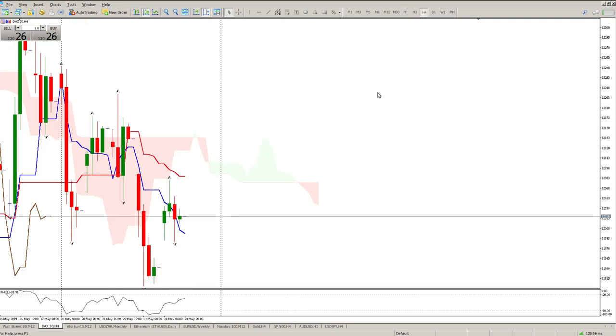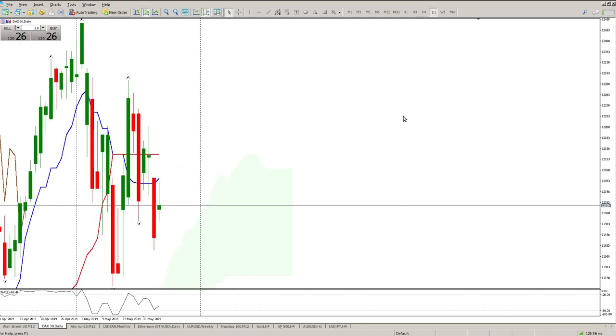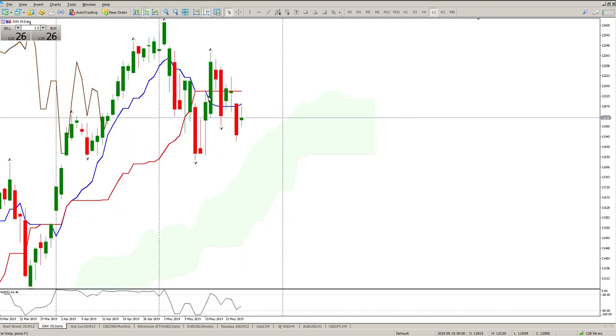If we go to the 4 hour, we are in a very clear break of the cloud, retest the cloud. We're still in a downward trend. And on the daily, we have had a bearish crossover. Nothing really else at the moment, but we definitely have had a bearish crossover.